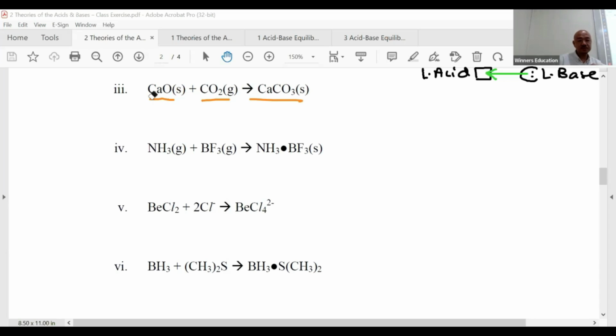So what do I know? I appreciate that these look like this. Calcium oxide, calcium carbonate. Ca and CO3, it's ionic, isn't it? Isn't this ionic also, in a way?